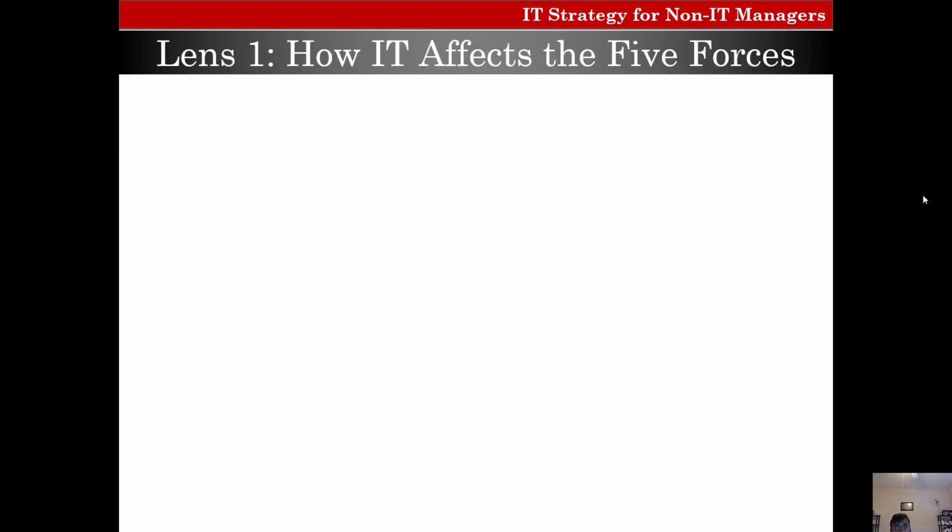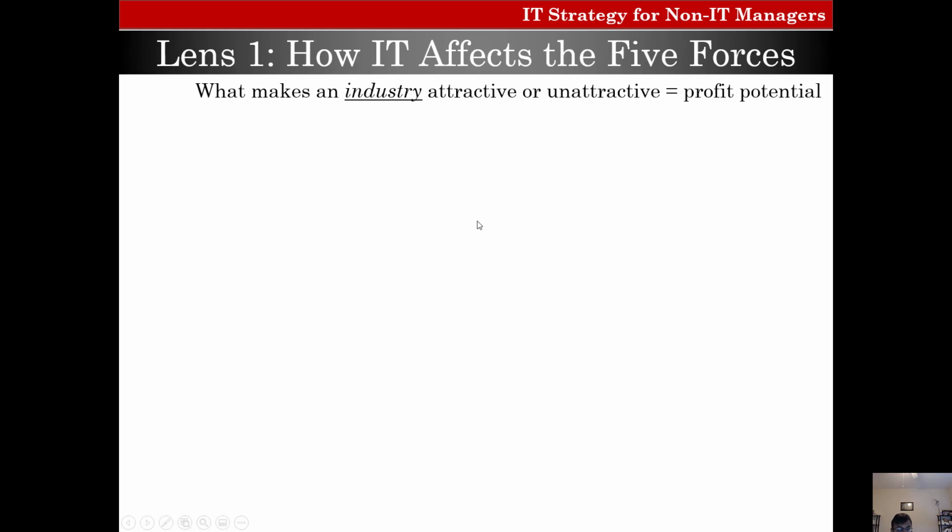So let's look at the impact of information technology on the 5 forces. First, we have to understand that we are focused on an industry scale and not a firm level. What makes an industry attractive, not the firm, is its profit potential.